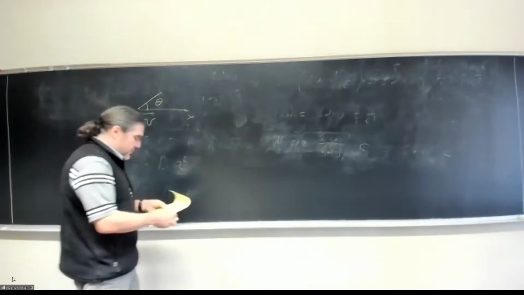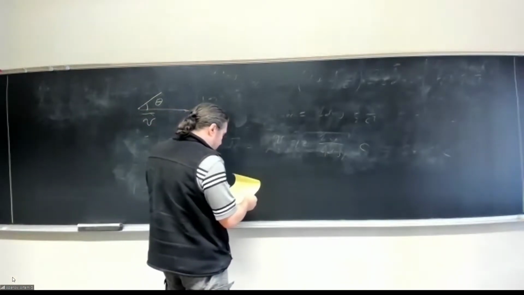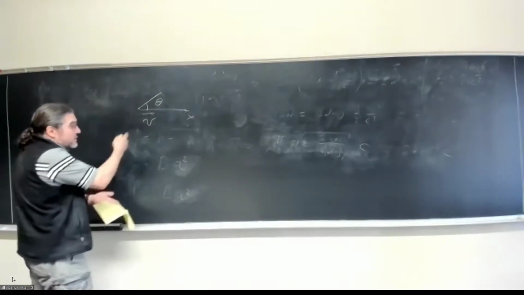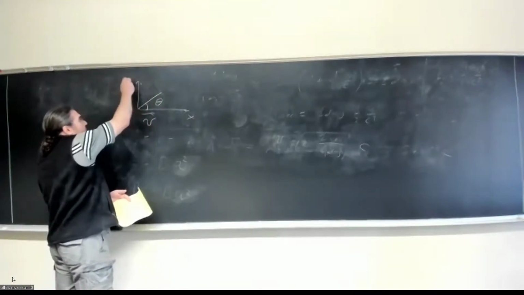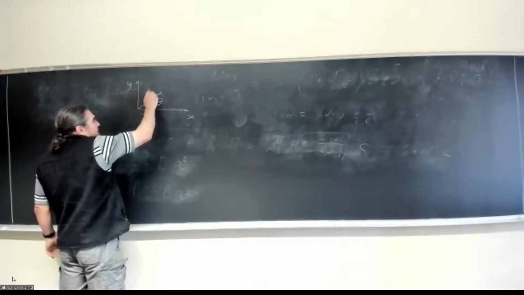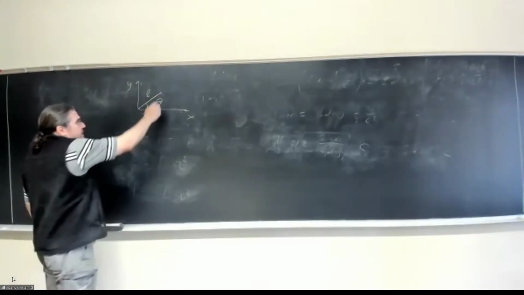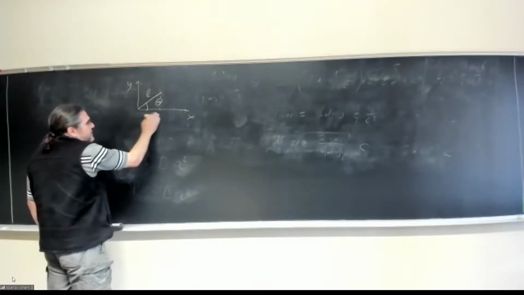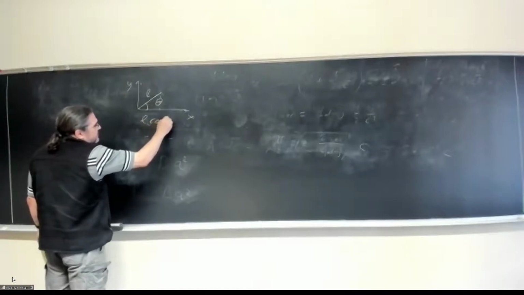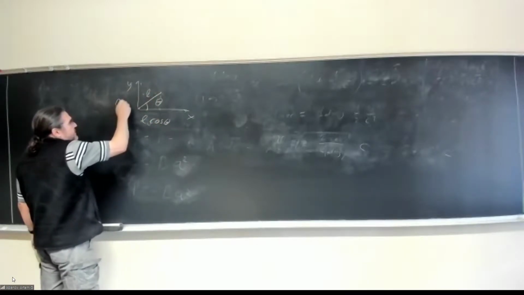Well, of course you just need to use two coordinates, so there's the y coordinate and the x coordinate. For that stick, let's say its length is L. Then its x component is L times cosine theta, and its y component is L times sine theta.